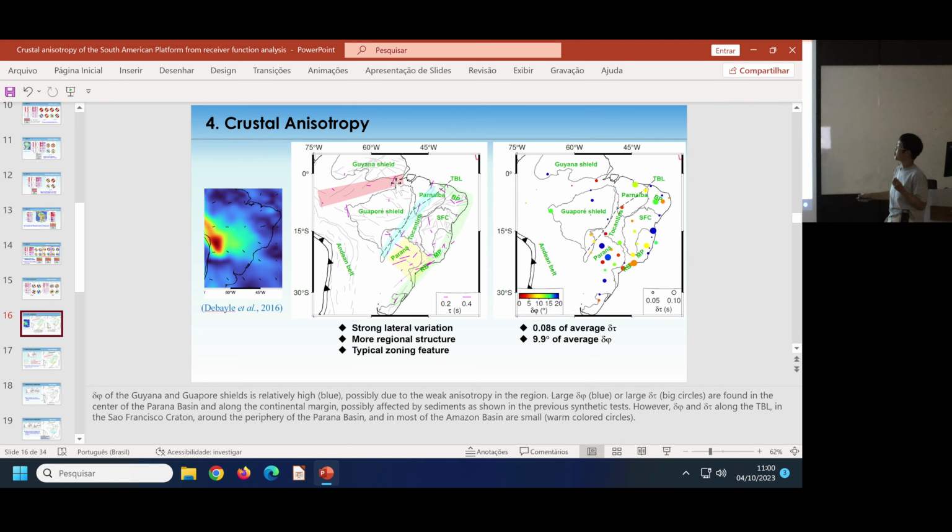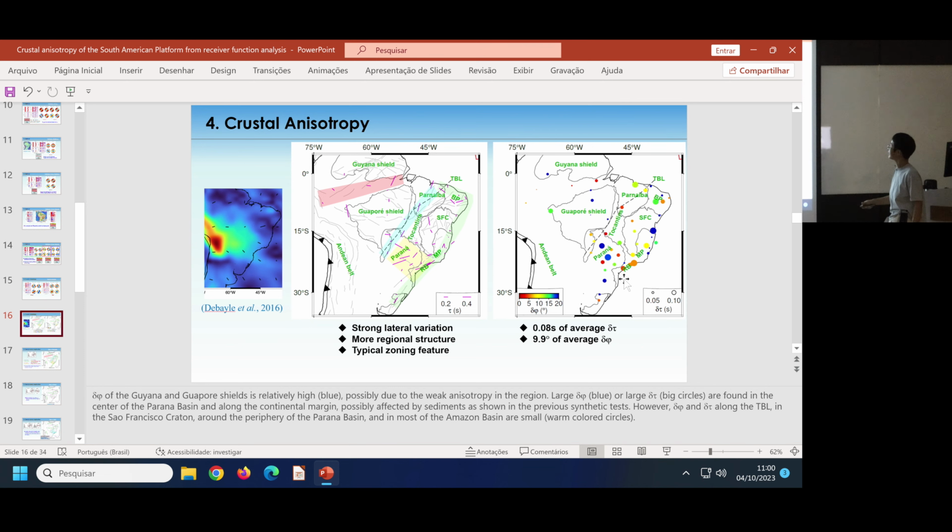Normally, we judge if the fast direction is similar or not according to a half quadrant, that means 22.5 degrees. So if the delta phi is larger than this value, I think the result is not acceptable.